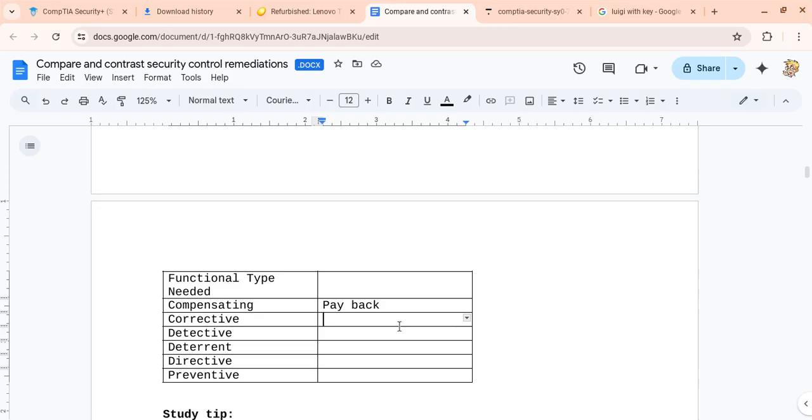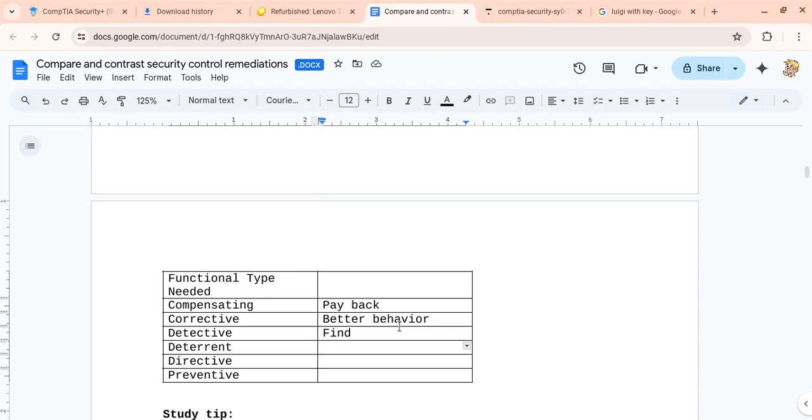So when a functional type that's corrective, we're gonna say like better behavior maybe. Is there a way that we can have someone behave better? Okay, detective, like Detective Peach, finding something. Okay, deterrent, deter is to get someone to go away or prevent them from doing something.